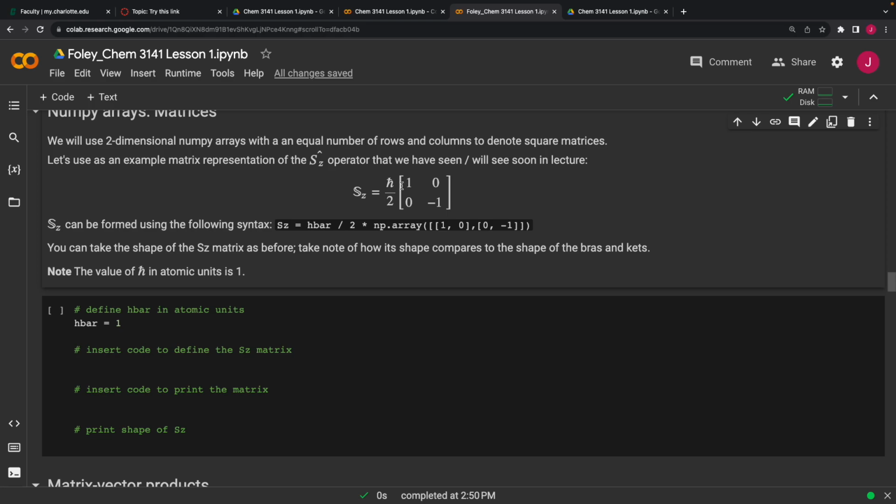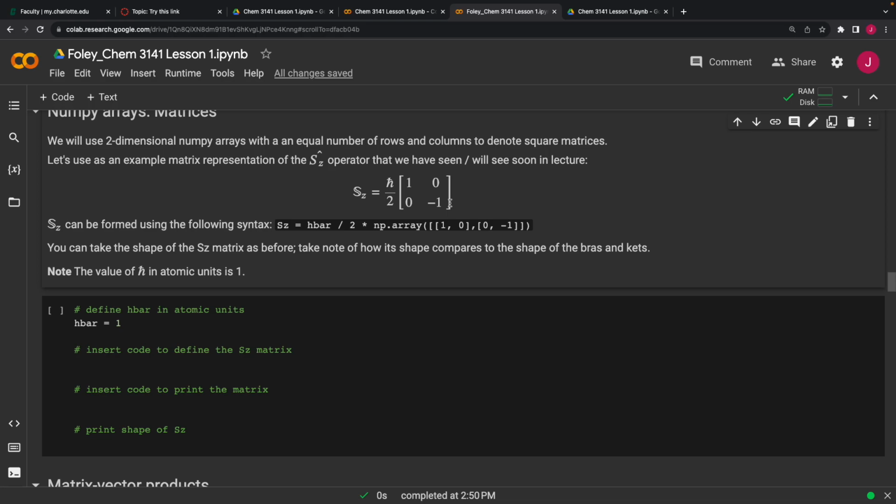Overall, the S sub z matrix, traditionally people write in the following way: h bar over 2 out front, which is like the constant multiplying every element of this matrix, and then within this matrix we write 1, 0, 0, minus 1.